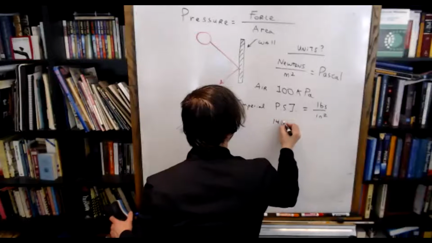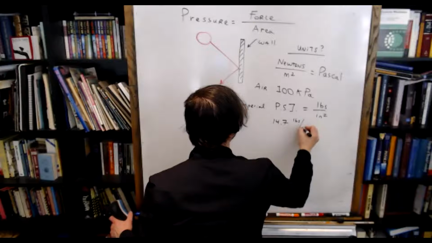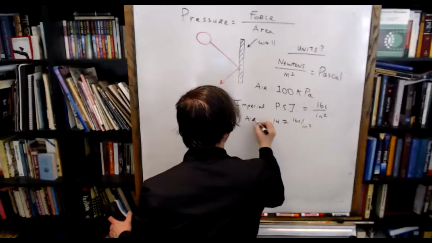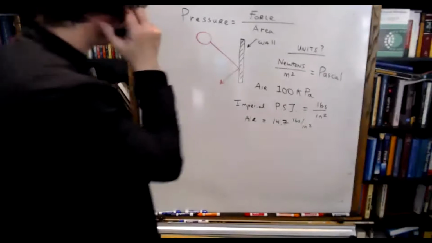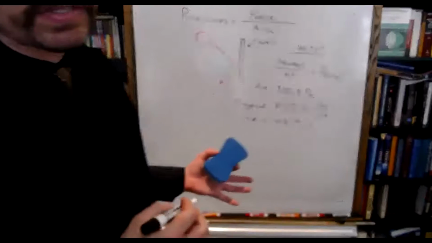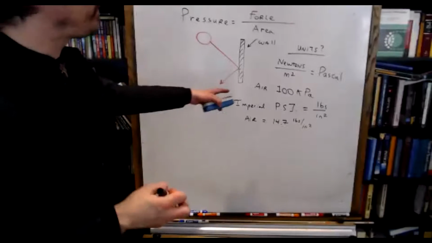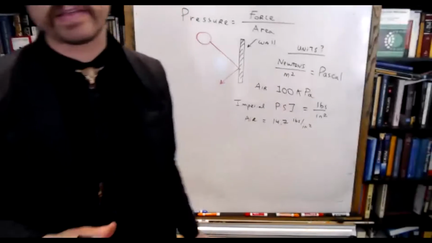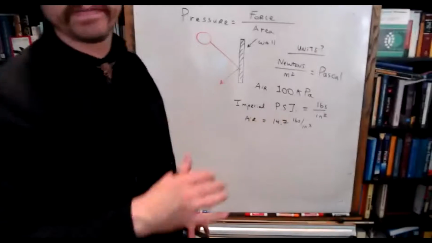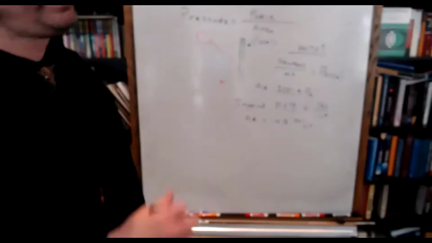And I think it's something like 14.7 pounds per inches squared is the pressure of air at sea level. When you inflate tires in your car, you might inflate your tires to 300 kilopascal. I don't know what 3 times 15, I guess 45 pounds per square inch.